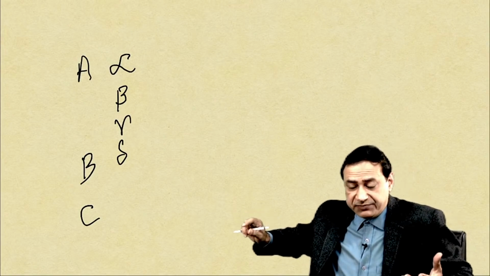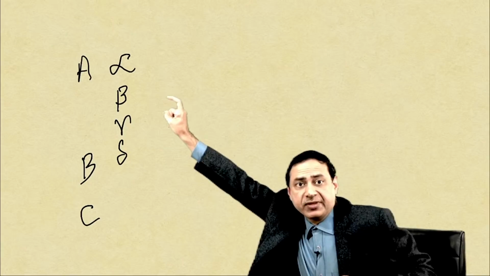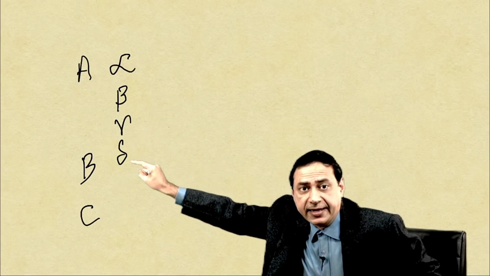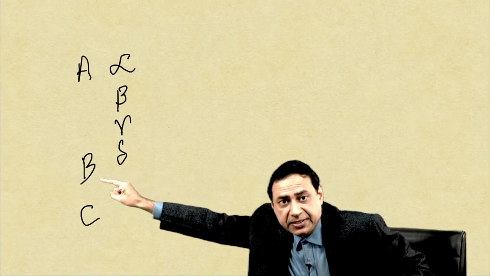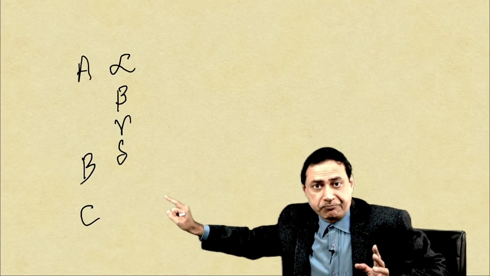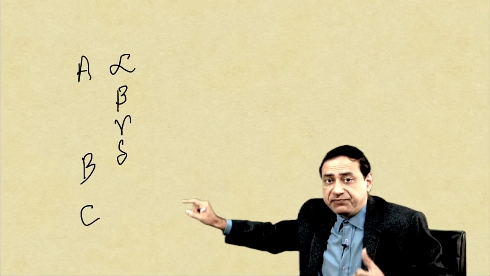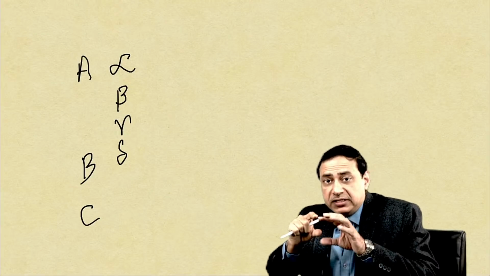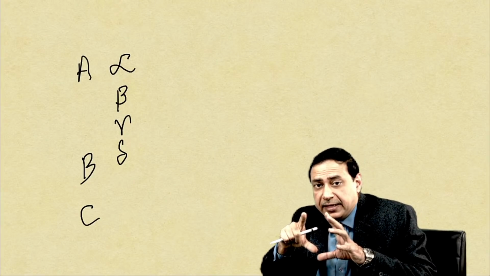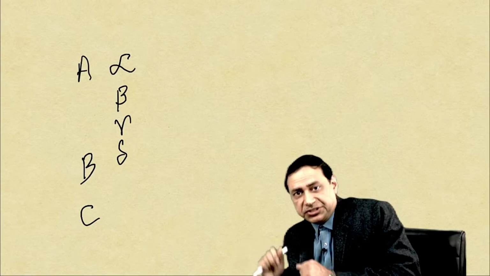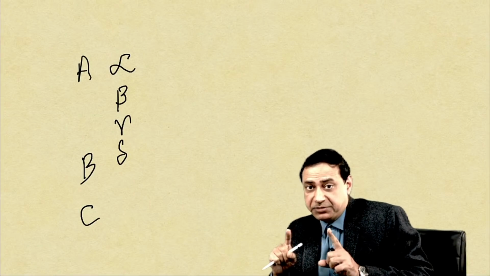Then type B, type C. This classification is based on the diameter of the nerve fiber and therefore the velocity. More the diameter, more is the velocity.